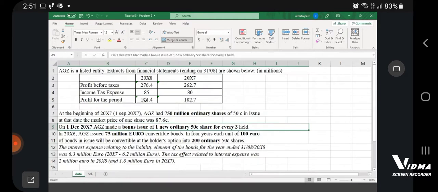So profit for the period, or net income, is the amount that we should take into account for calculating basic earnings per share. Do we have any preferred shares over here? We read the information very carefully. We have a bonus issue and we have some convertible bonds. So this is a problem that combines bonus issue and diluted earnings per share, but no preferred shares in there.